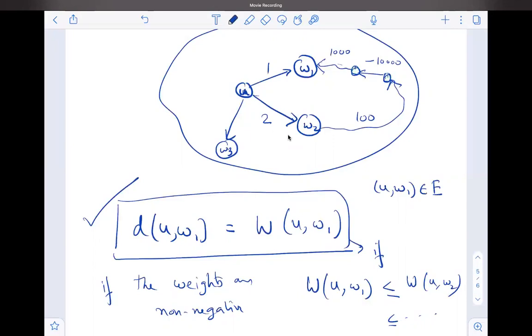This edge is somehow hidden somewhere. Then the shortest path from u to w1 would be to go through this, spend so much time, then be lucky enough to go through this huge negative weight. So that is the problem.